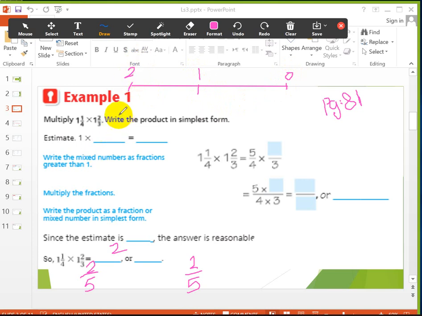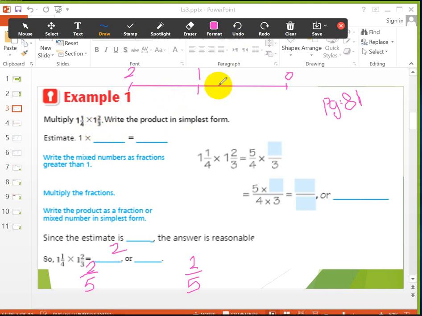Okay, the number 1 and 2 over 3, if I want to round the fraction according to the benchmark, here the issue is the fraction 2 over 3.